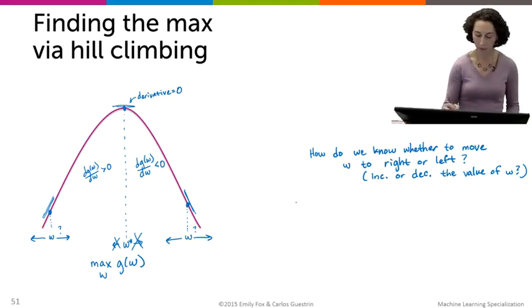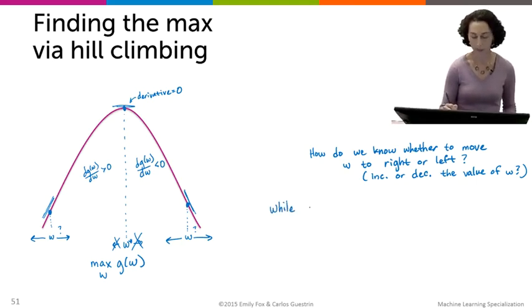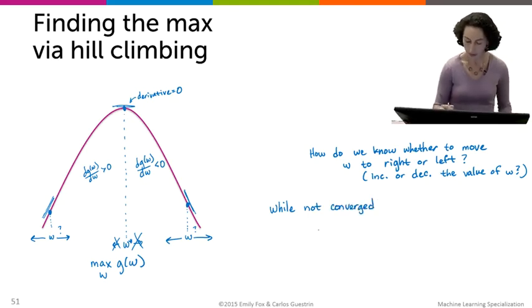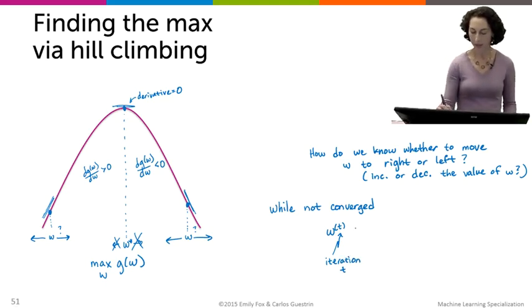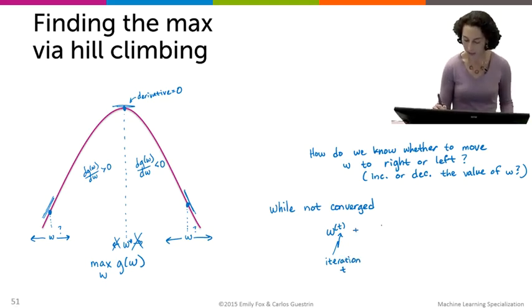So this hill climbing algorithm, the way we can write it is we say, while not converged, I'm going to take my previous w, where I was at iteration t, so this is an iteration counter, and I'm going to move in the direction indicated by the derivative.